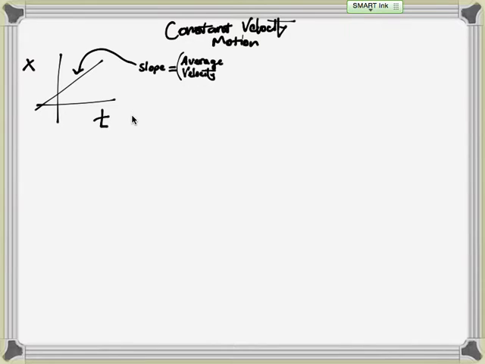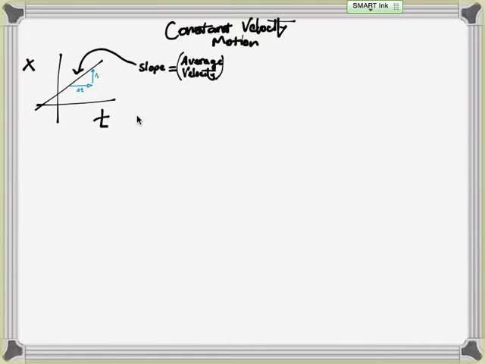If I zoom in on the graph, whenever I talk about the slope of a graph, I'm talking about a change that happens horizontally. This is a change in time, because I have time on my horizontal axis. There's also a change happening upwards, because my slope is positive.